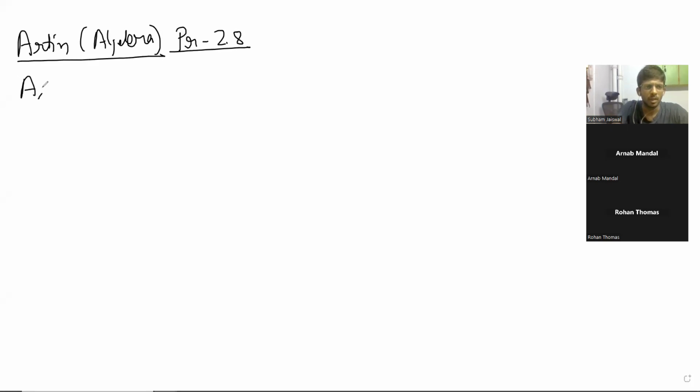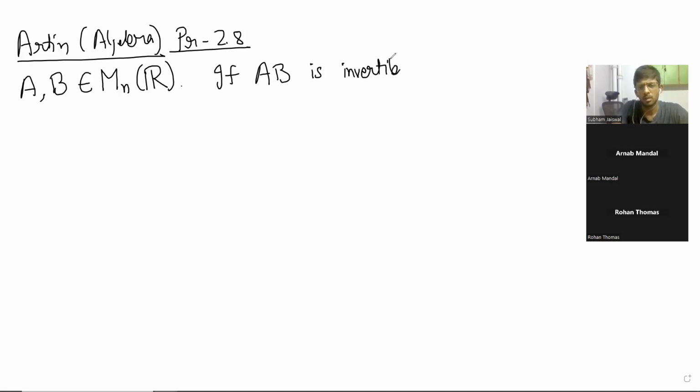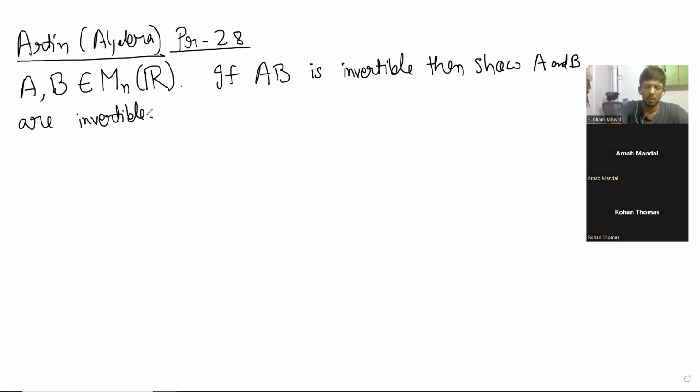So let A and B, so they are saying that if AB is invertible, then A and B are invertible. So anyone knows how to do this?